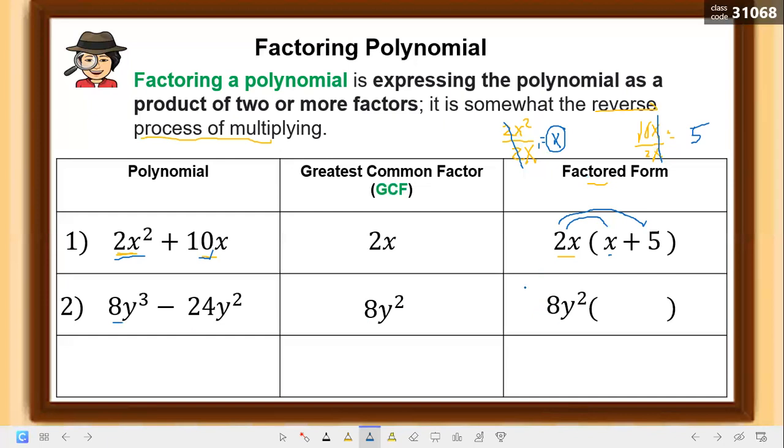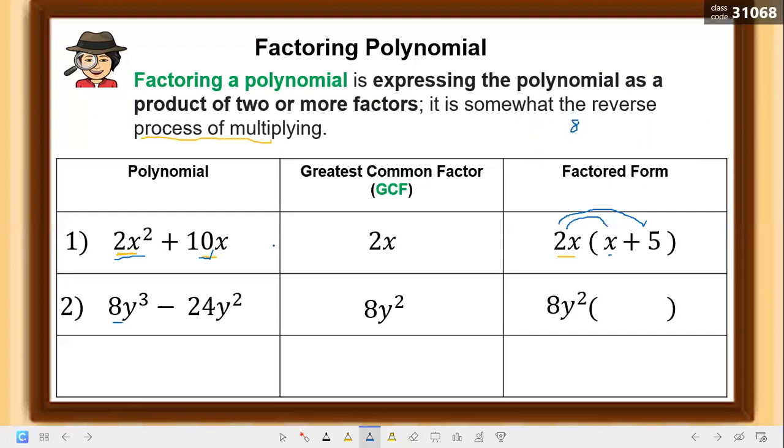O, sige nga, can you give me? What is the quotient of 8y cubed divided by 8y squared? Erase ko to para makasunod. Yes. Sarina. Yung sagot po, 8y2 times y minus 3.